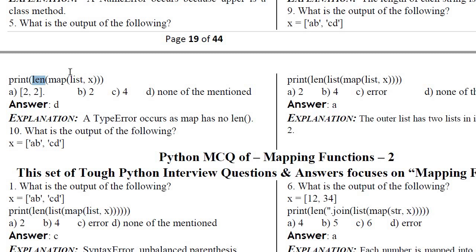Next is the same question. It gives len, then list, then map. It's saying the length of the whole list, how many elements are defined in the list. A B and C D, 2, so it will give you 2. If we are not mentioning len here, or if we are mentioning it there, it means it will count each element's length.